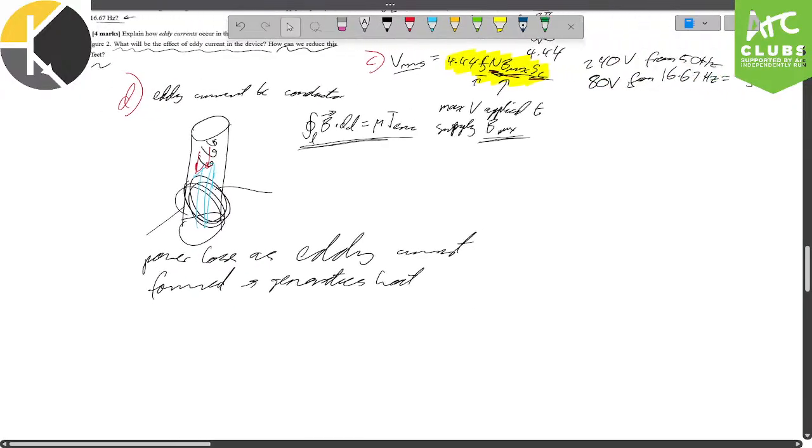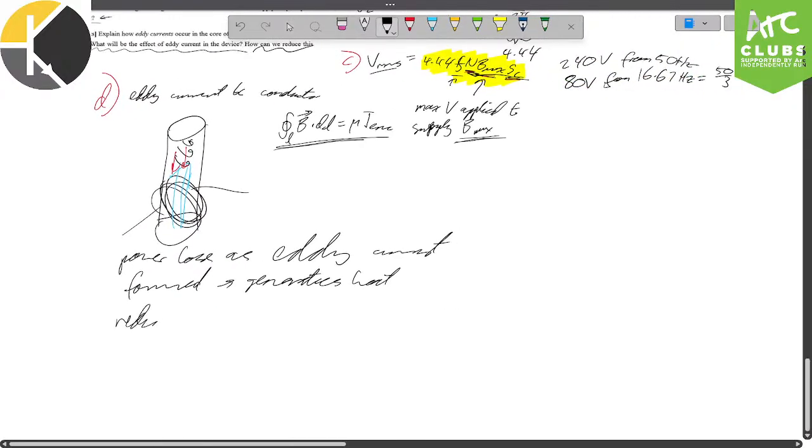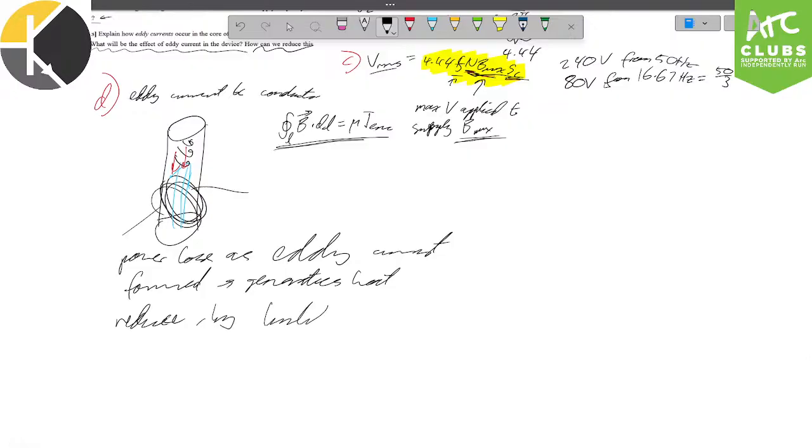So to reduce the effect, reduce by limiting the generatable area of your eddy currents.